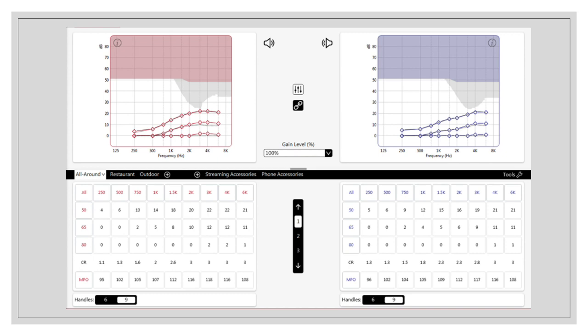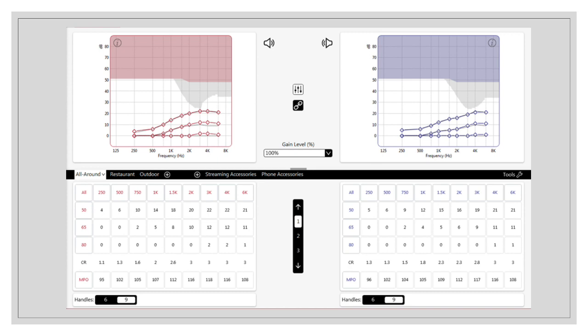I'd like to bring to your notice the three curves here, 1, 2 and 3, and this is the graphical or pictorial representation of the numerical values available here. So why do we have three curves here? Almost all the hearing aids available nowadays which we connect to the computer are nonlinear hearing aids.